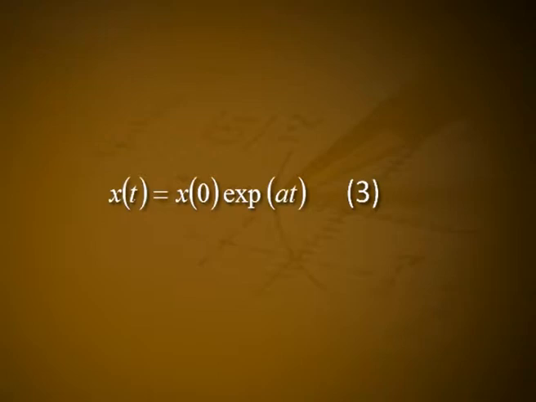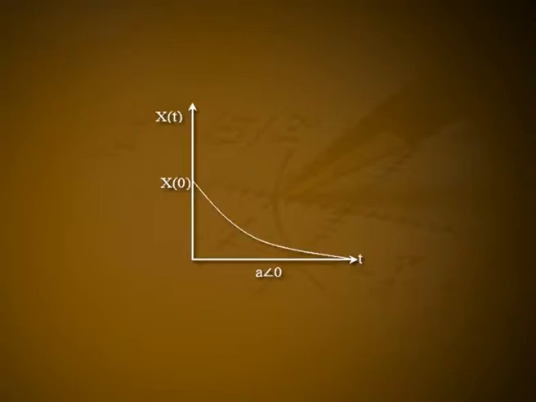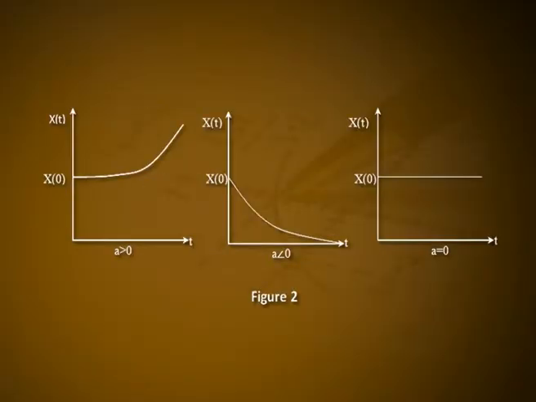Integrating this equation, we get x(t) is equal to x(0) times exponential of at. So the population grows exponentially if a is greater than 0, decays exponentially if a is less than 0, and remains constant if a is equal to 0. This is given in the following figure.